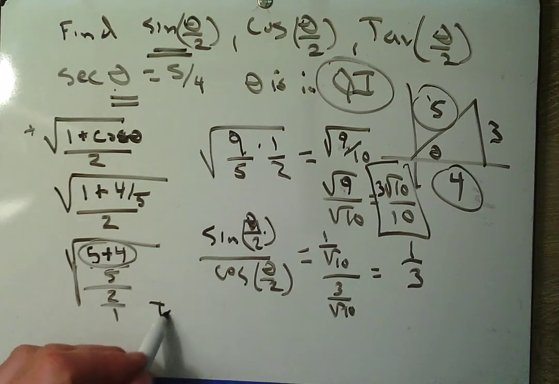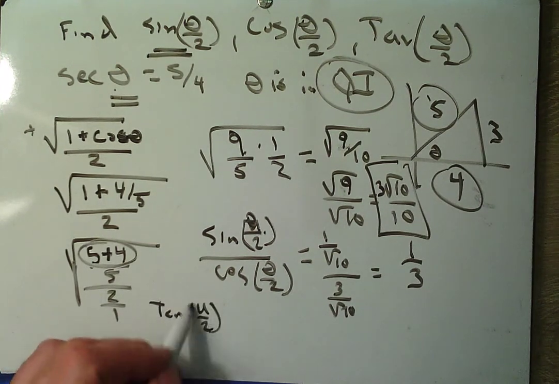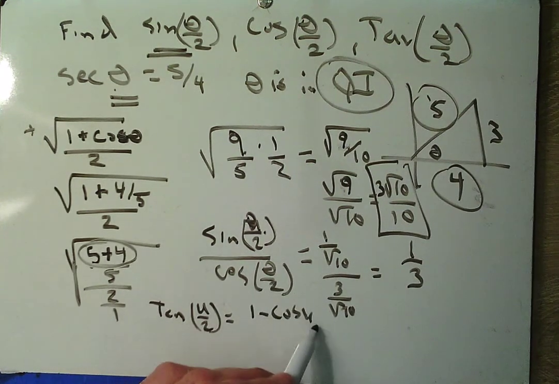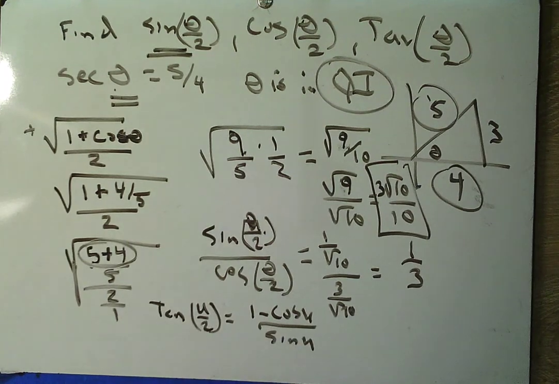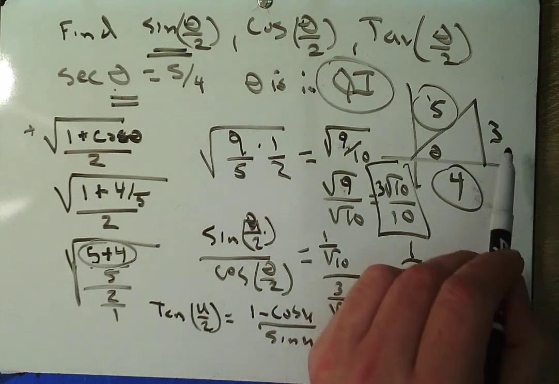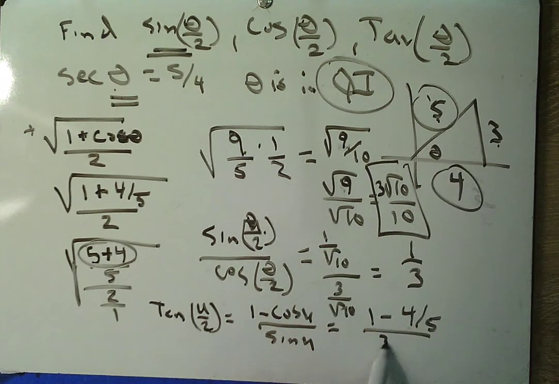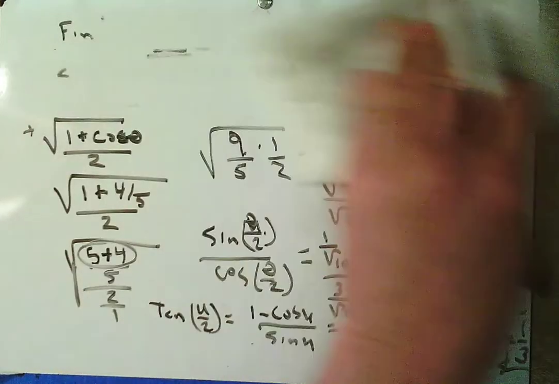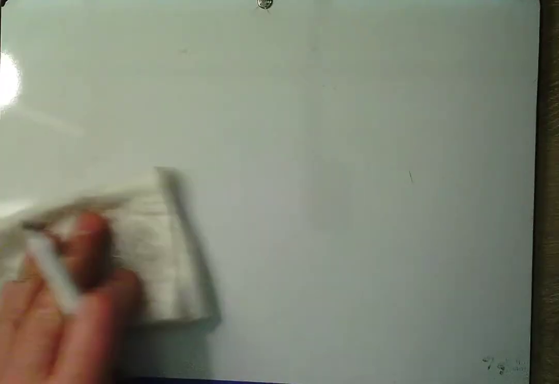We could say tangent u over 2 is equal to 1 minus cosine u over sine u. Well, we said the cosine of u was 4/5, and the sine of u, opposite over hypotenuse, would be 3/5. So I have 1/5 over 3/5, or 1/3. Either way works fine. Okay, so we've got some draw a triangle problems. Let's do one more of those.